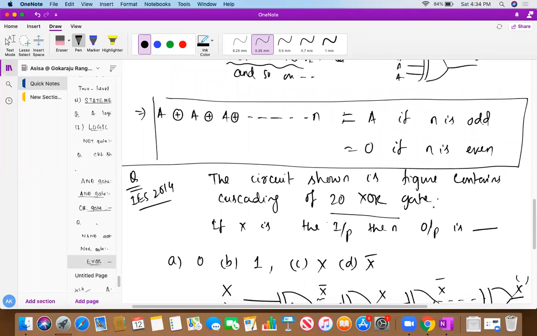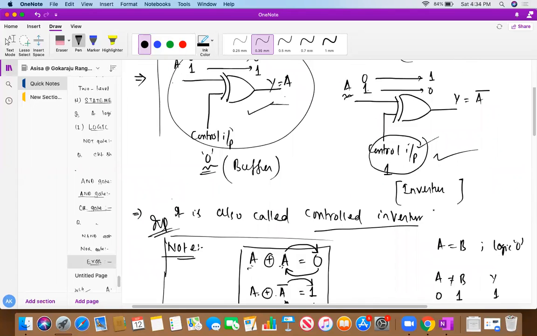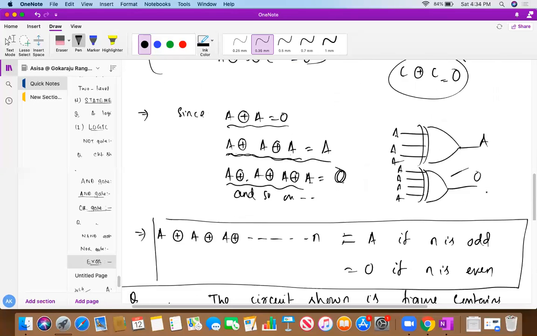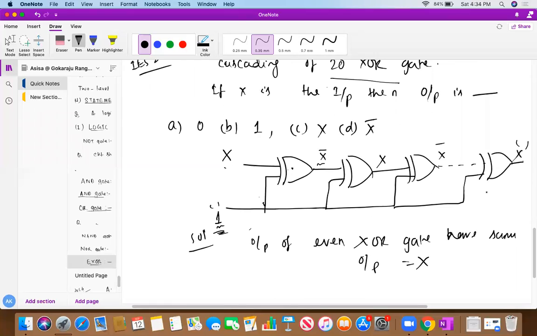This is a 2-input gate, and I have given a control input here. If it goes to the next, the same thing happens again and I get the opposite. So for 20 XOR gates, I get an even number, which means whatever input I give, I get the same output, because it acts like a buffer.